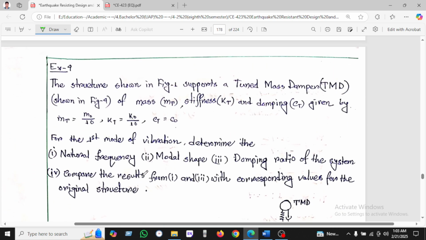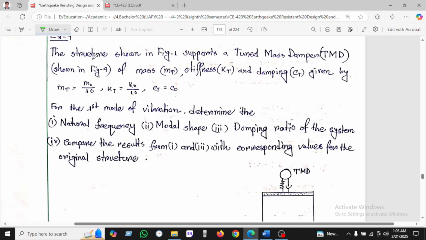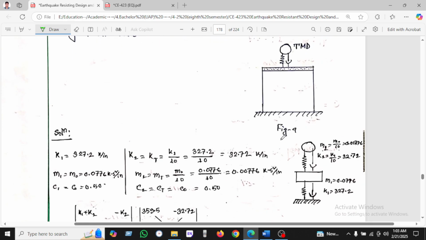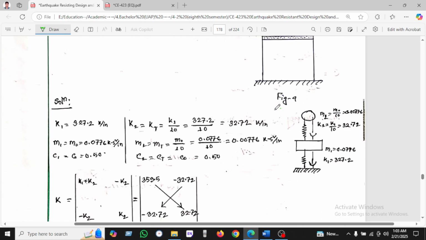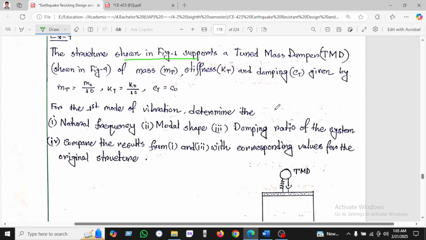Okay, so let's see another example. The structure is shown in figure 1. This is figure 1, given with a TMD, tuned mass damper, in figure 4.